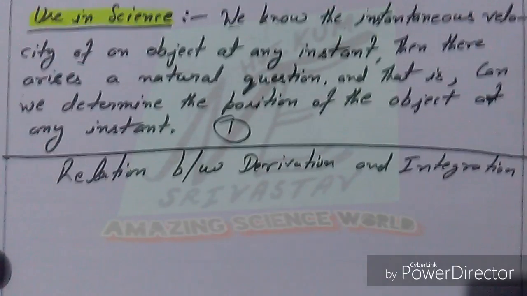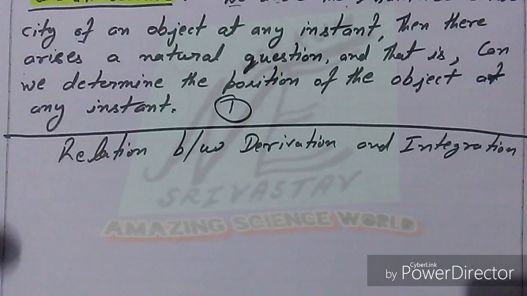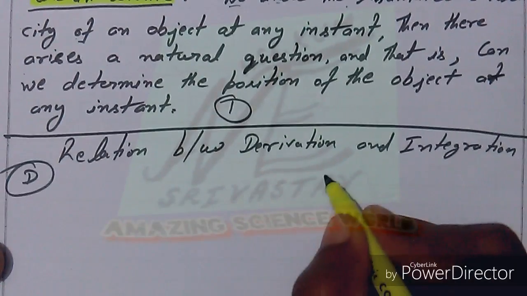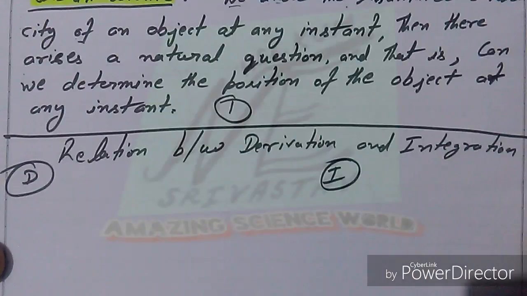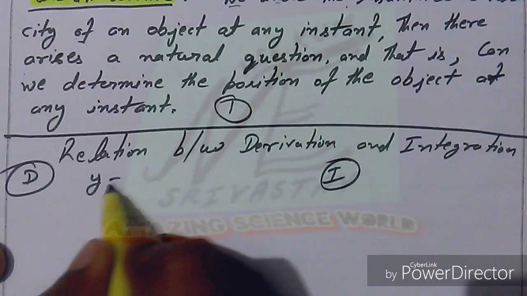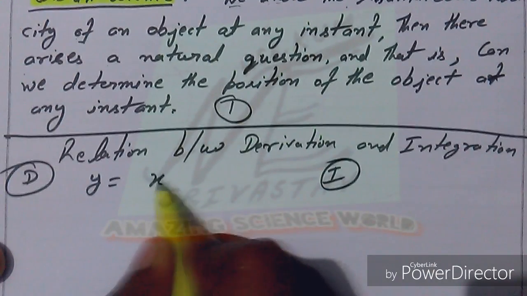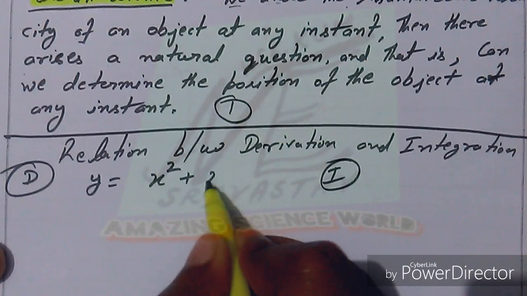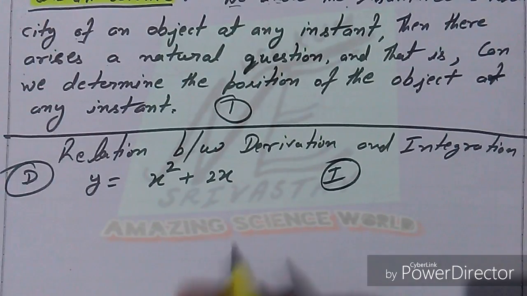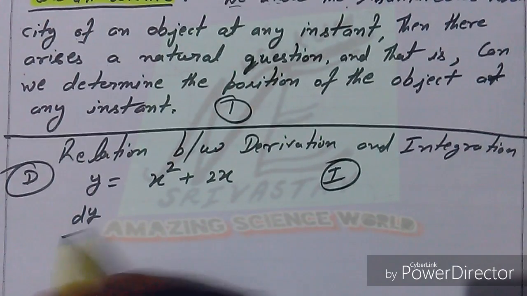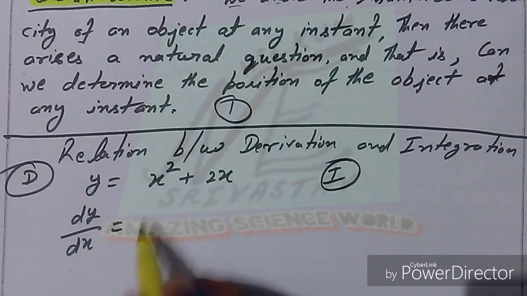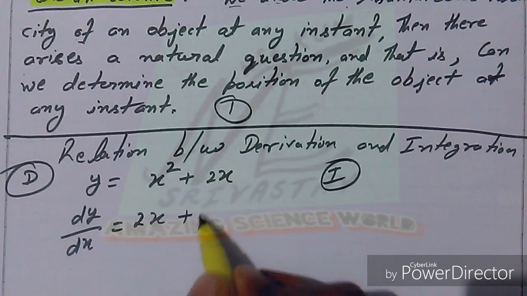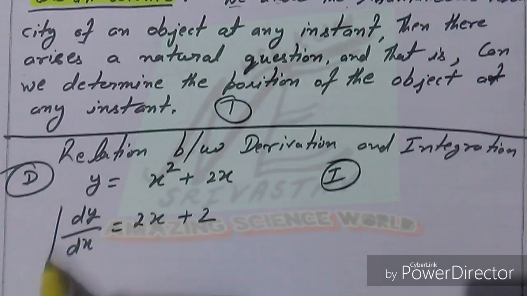My friends, now we take an example. D is for derivation and I for integration. Take y equals x to the power 2 plus 2x. Now we differentiate it, dy by dx, and the derivative is 2x plus 2. That is the derivation.